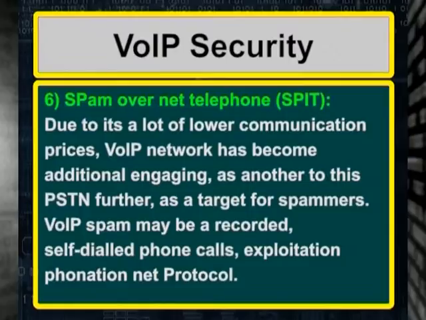Due to its much lower communication costs, VoIP network has become more attractive as an alternative to the PSTN, as well as a target for spammers. VoIP spam may be recorded, self-dialed phone calls using voice over Internet protocol.